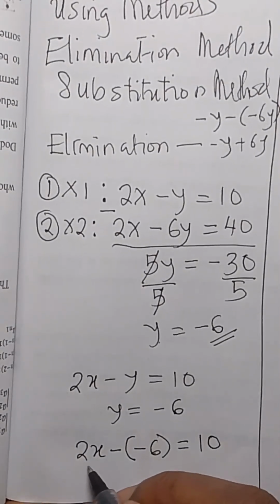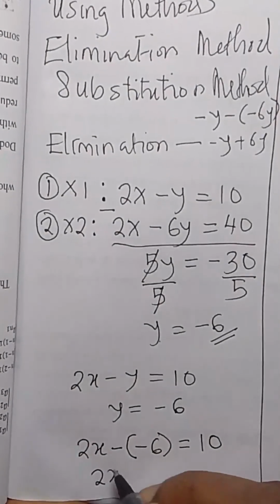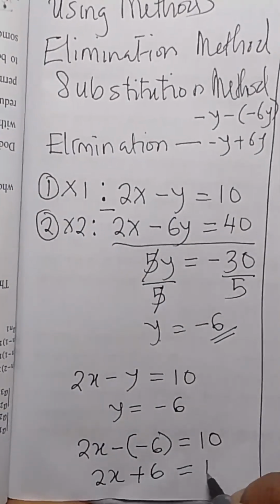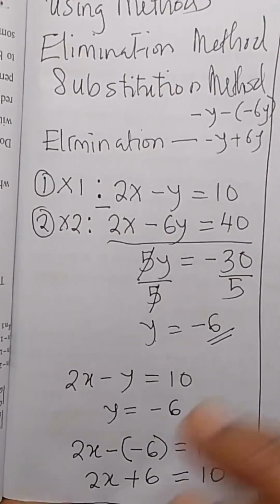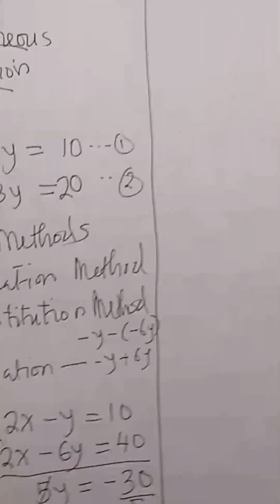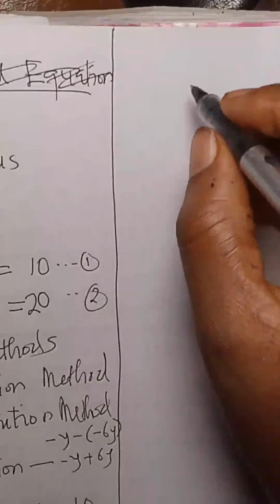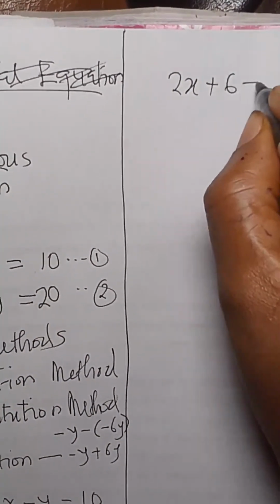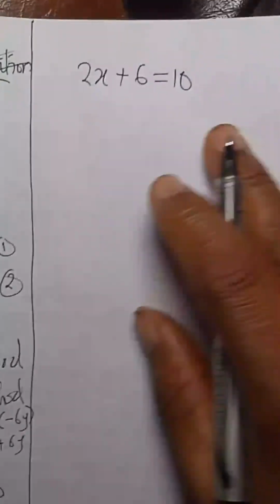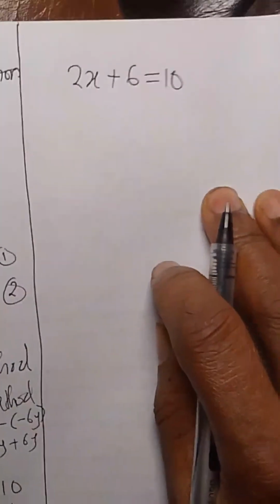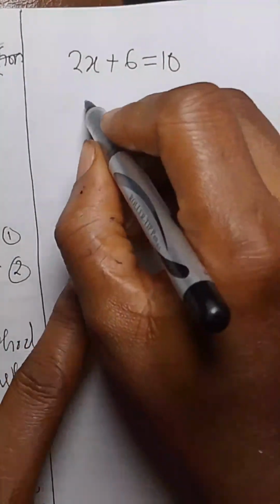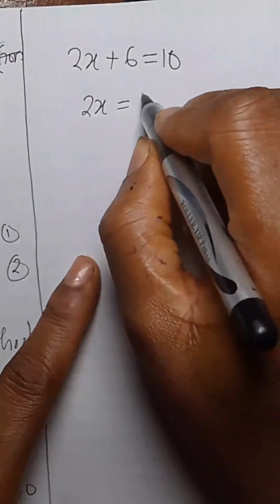All right. So this is 2x. Minus times minus is plus. That is plus 6 is equals to 10. Then we have 2x plus 6 is equal to 10. Then 2x is equal to 10.